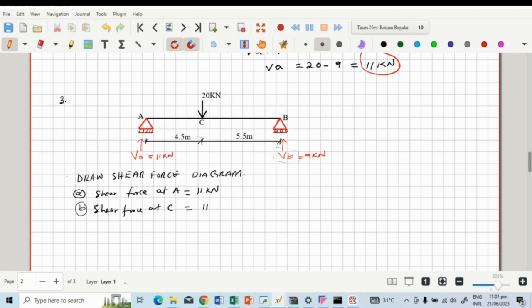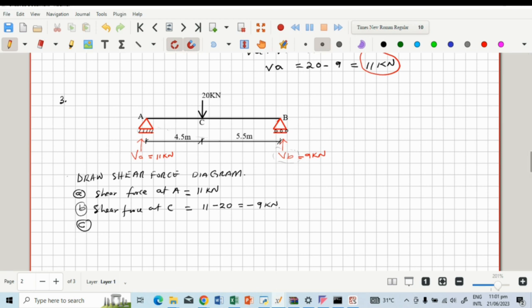And then this 20 kilonewton, and since it's a downward force, we'll have minus 20, and that will give us minus 9 kilonewton, right? So that's the shear force at point C.